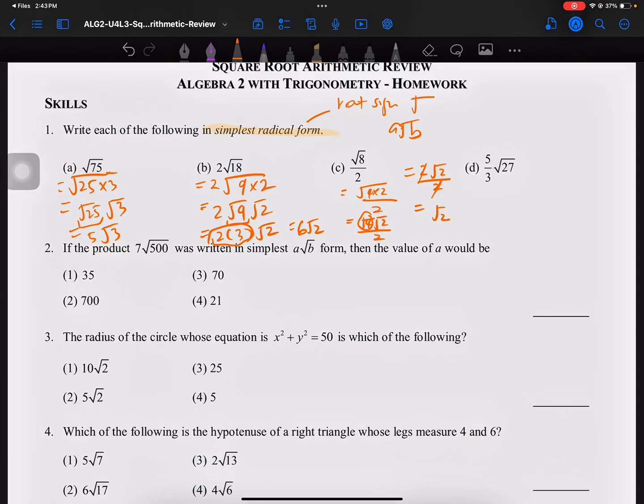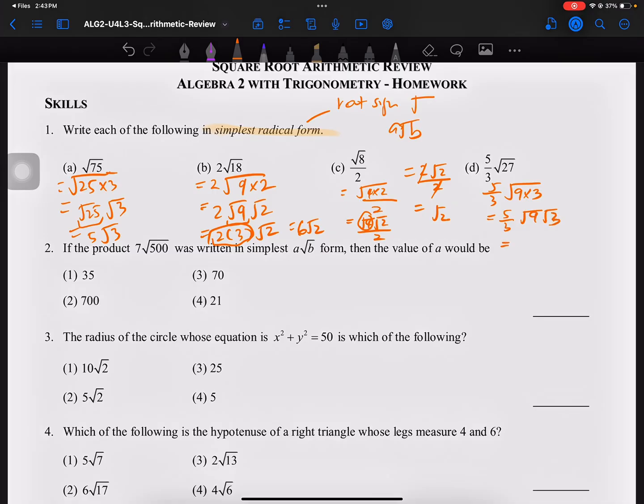Okay, next D, we have 5 over 3, √27. Again, we simplify the radical first. To find a perfect square in 27, we have 5 over 3, √(9 × 3), and then we split it into radical form.